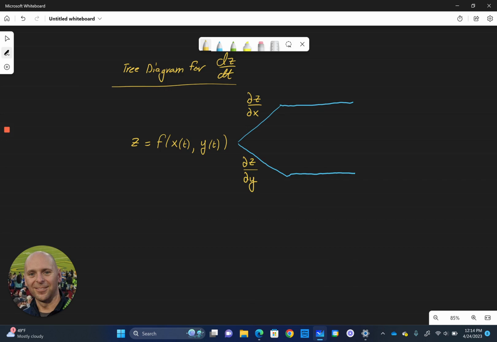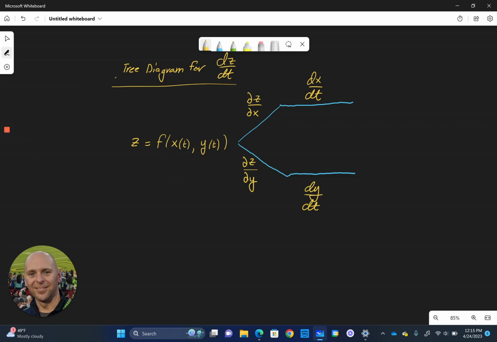And now we take the derivative of the inner function with respect to the same variable that we did here. So we took the partial of z with respect to x, and now we need to multiply times the derivative of x. So this upper branch then becomes dx dt. And likewise on the lower branch, here I took the partial with respect to y, so the derivative of the inner function there would be the derivative of y, dy dt.